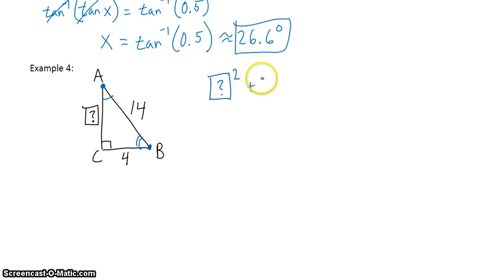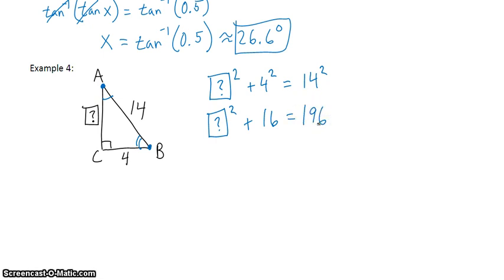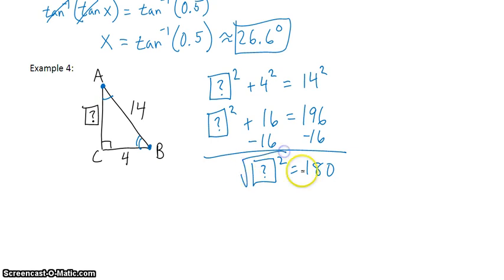Question mark squared plus 4 squared equals 14 squared. Subtract 16 from both sides. Take the square root of both sides.